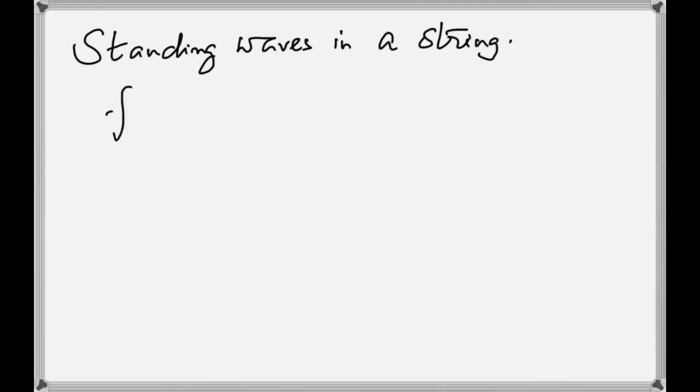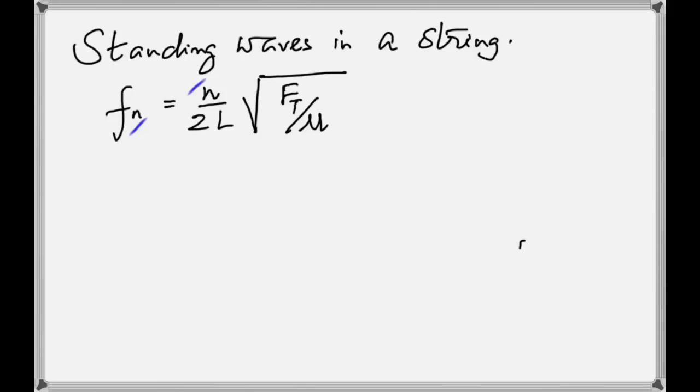Now, there is a very important formula for standing waves in a string, which is given by n/2L √(T/μ). Here, remember that n stands for the nth harmonic. So if you put n equal to 1, you're going to get the fundamental frequency.